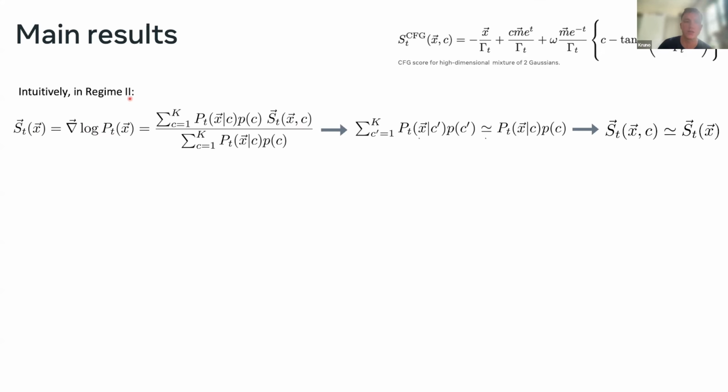So in the second regime, after speciation time, only one of these probabilities is going to be 1. All of them are going to be 0, apart from one, which is the conditional probability of the class that we're going to end up in. So this whole sum is going to turn into one term, and the conditional score is going to equal the unconditional score.